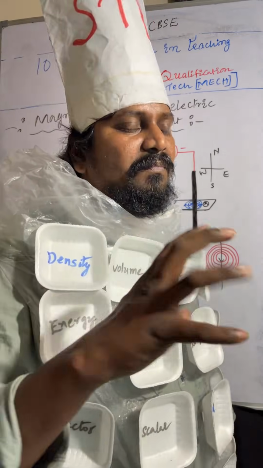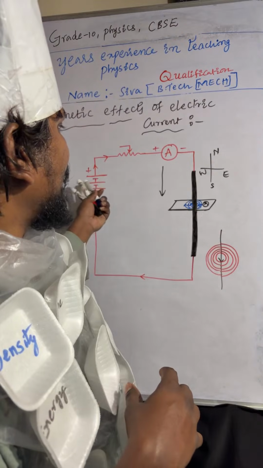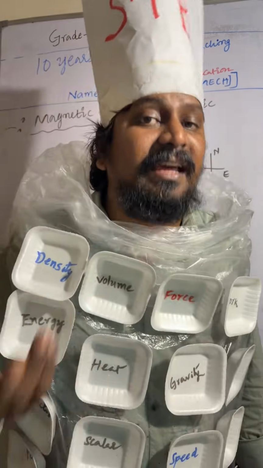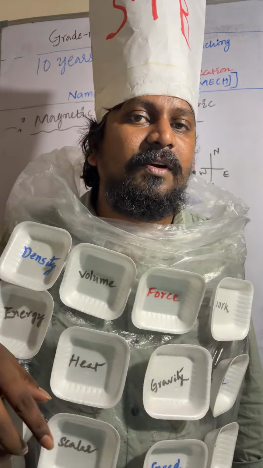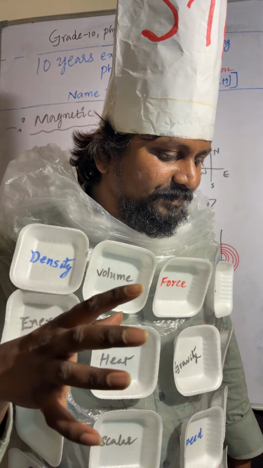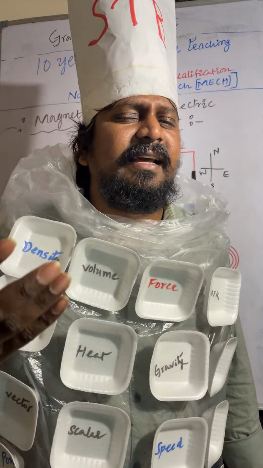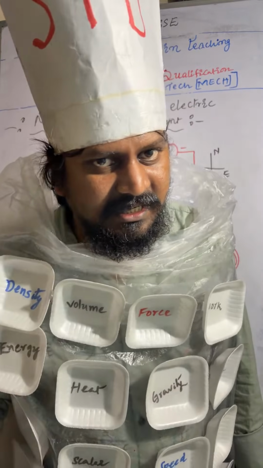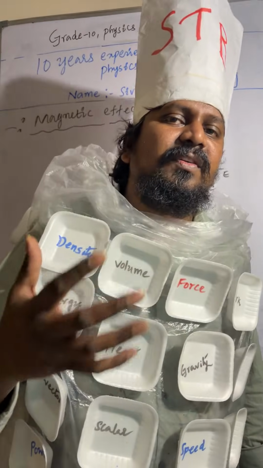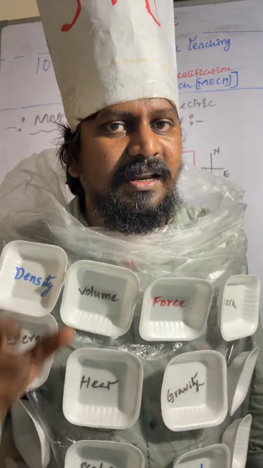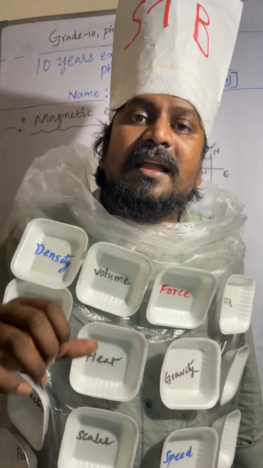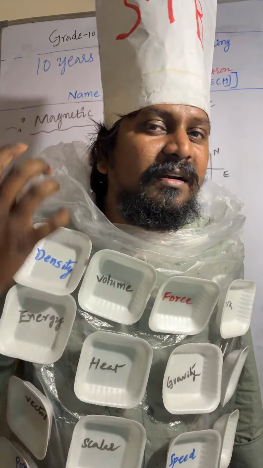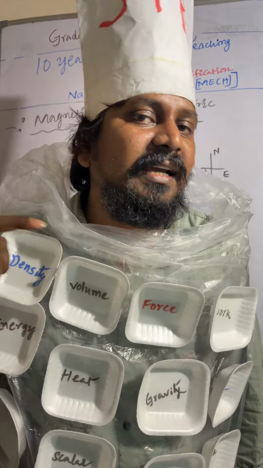If the positive terminal is here and the negative terminal that side, and you change the current direction, here the current direction is very important, the magnetic field direction also changes. Very, very important. By using the right hand thumb rule, we can identify the magnetic field direction around the current carrying conductor.